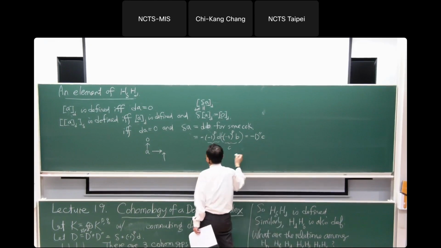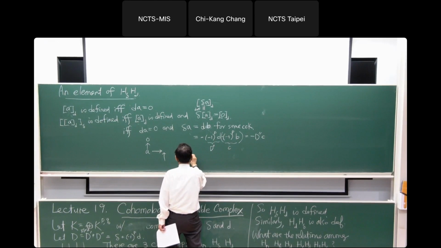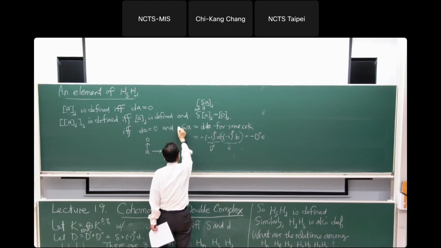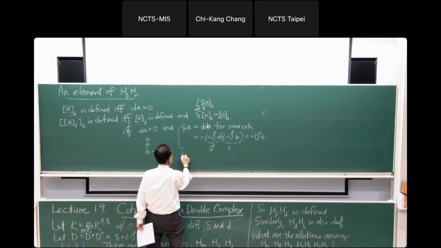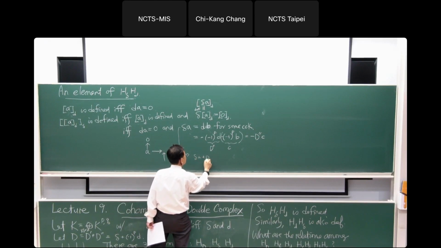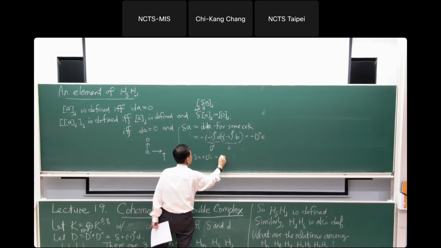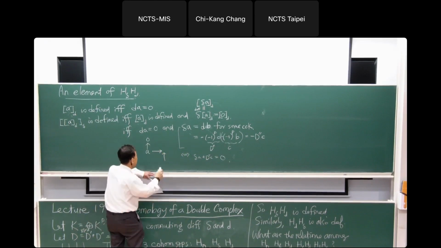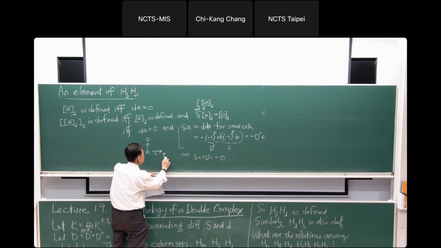And therefore, so this condition, right? So that's equivalent to saying that delta A plus d double prime C is 0. And so I draw this picture. This is delta, and then d double prime C.